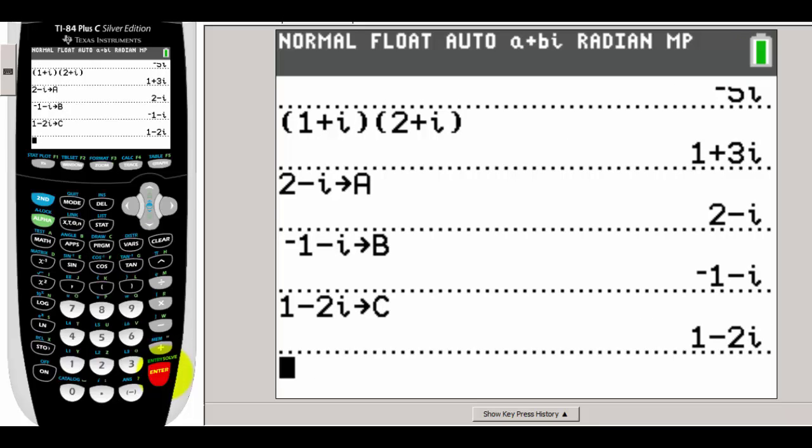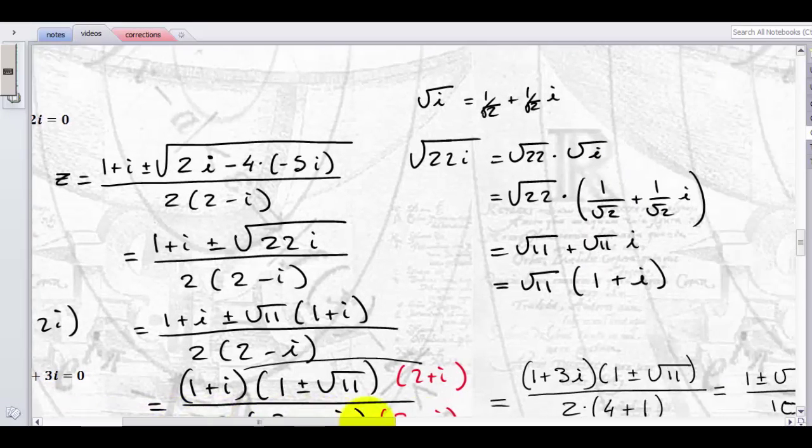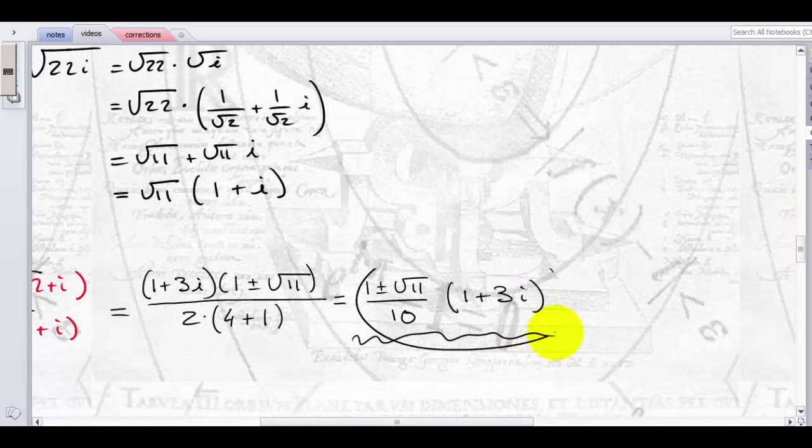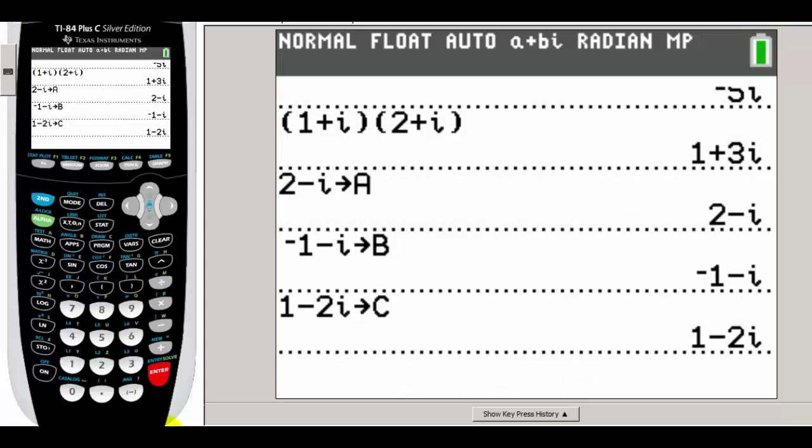Now, I'm going to take my solution and store that in a letter. I'm going to start with the plus. 1 plus square root of 11 over 10 times 1 plus 3i. So let's do that.